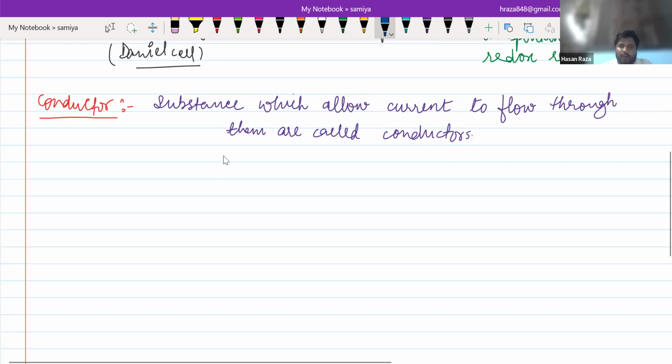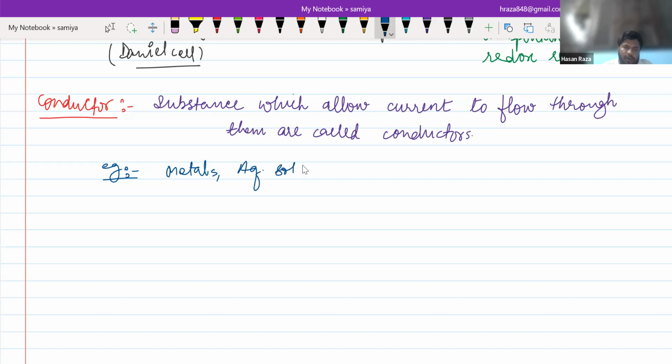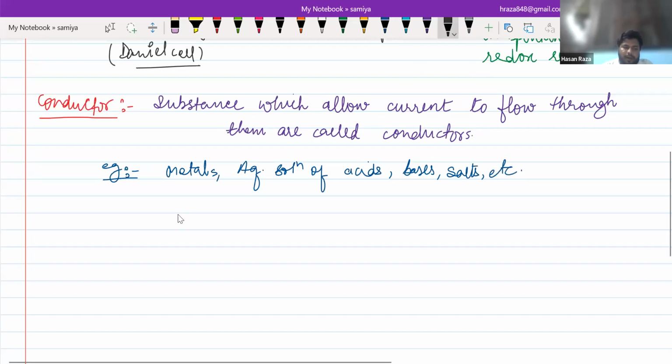And conductors here are of two types. I'm going to take examples of conductors. Conductors can be metals, aqueous solutions of acids, bases, salts, etc. Now, these conductors are of two types.